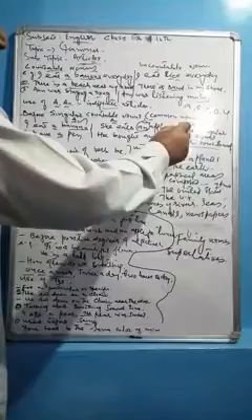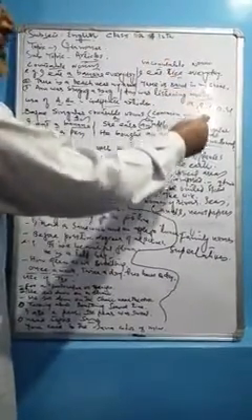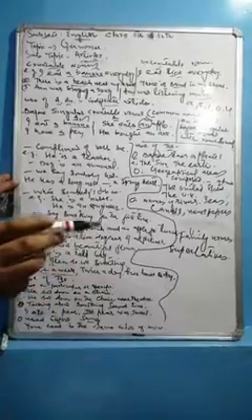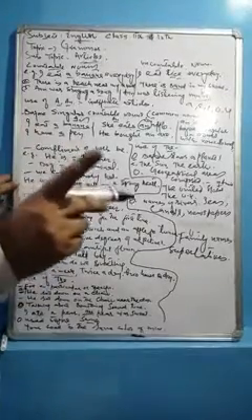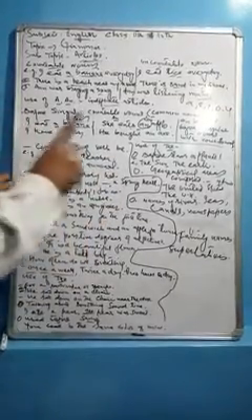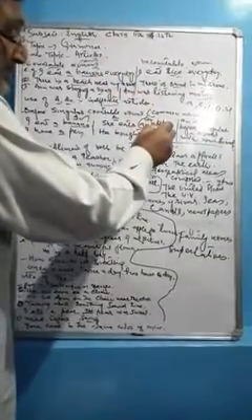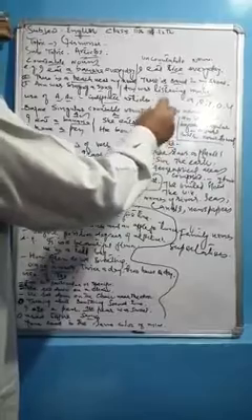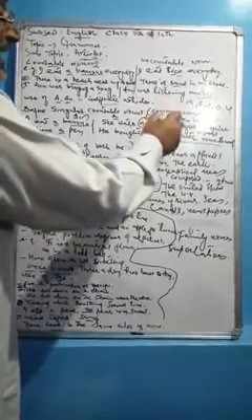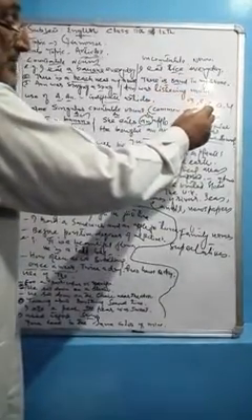And an is used when a noun, a singular noun, is beginning with a vowel sound, not vowel, but vowel sound. Remember this thing. An is used with a singular noun when this noun begins with a vowel sound.